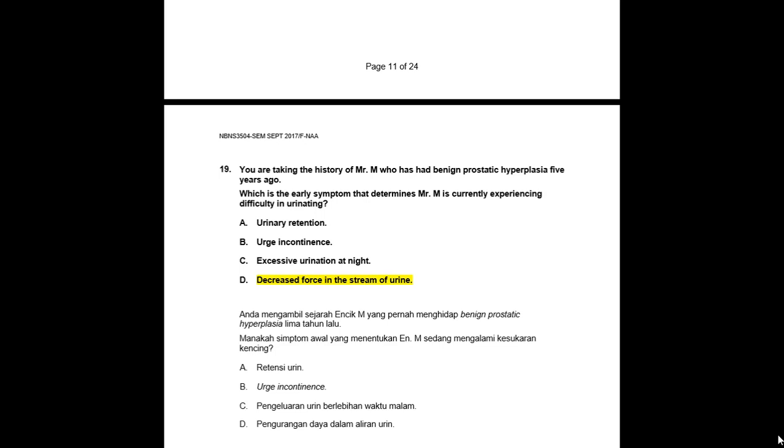The answer is D, decreased force in the stream of urine.